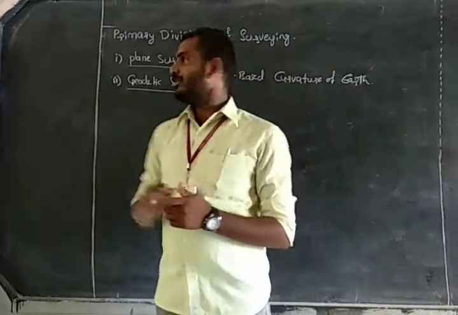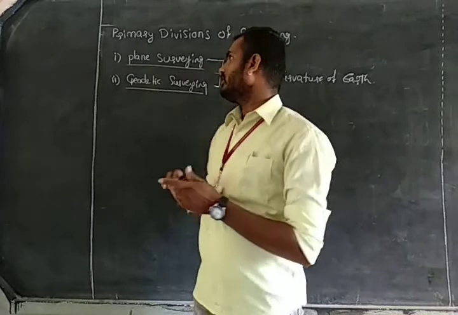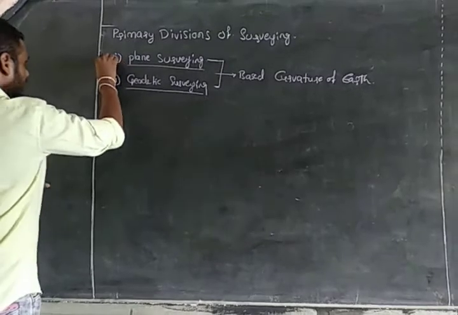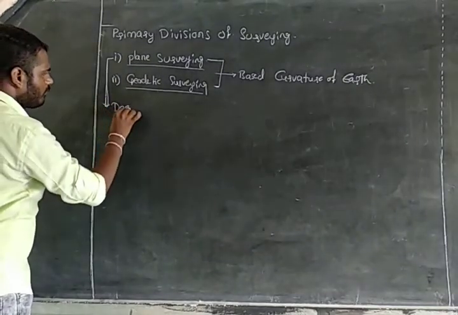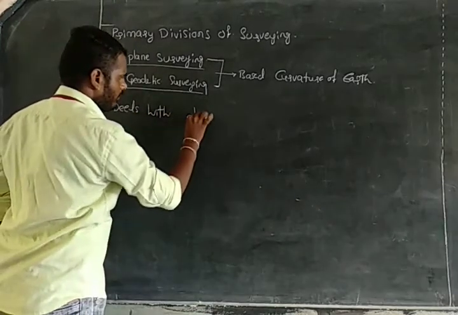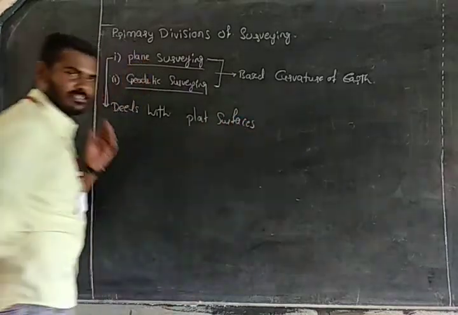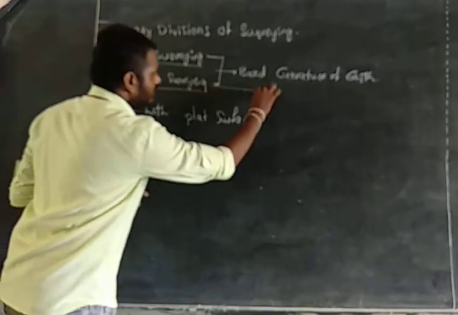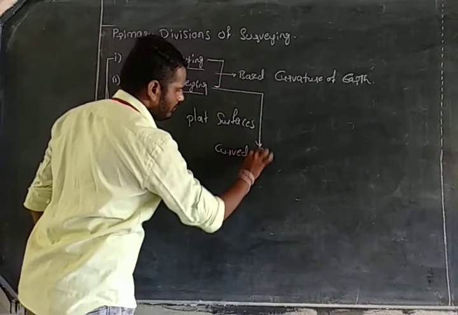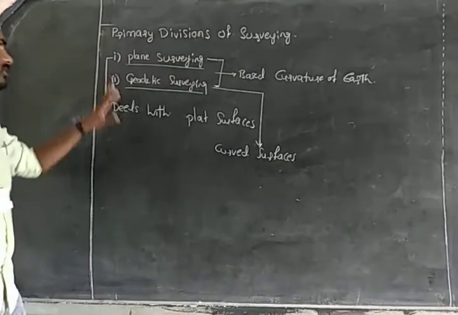Plain surveying and geodetic surveying are two different types of surveys, in which plain surveying only deals with flat surfaces, whereas geodetic surveying deals with curved surfaces. So this is very important.